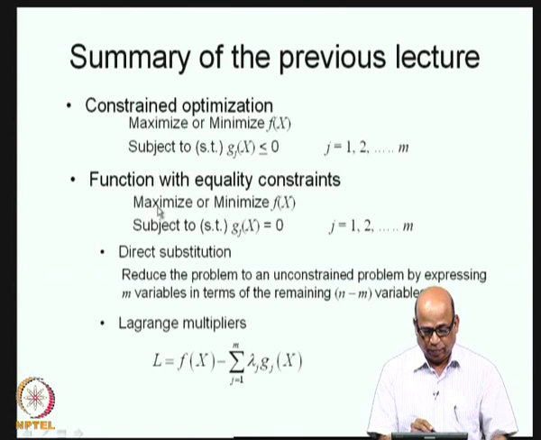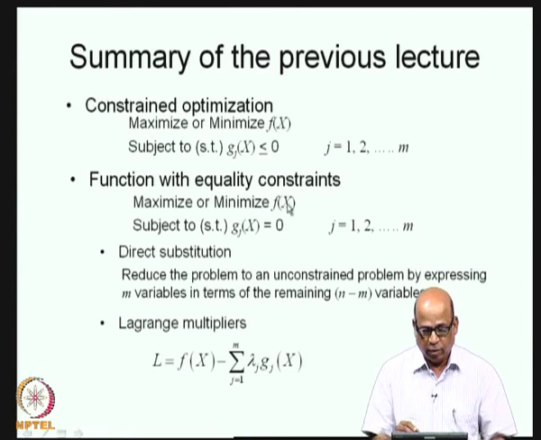So, the problem statement will be maximize or minimize f of x subject to g j of x equal to 0, and you have m number of such constraints, and x, remember, is a vector of n variables x 1, x 2, etcetera, x n.